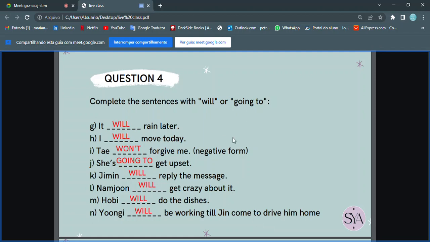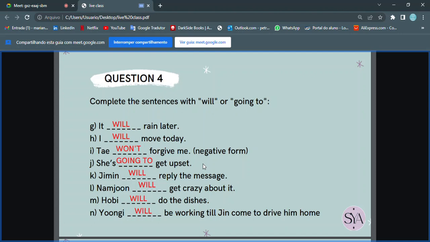But when you see this sentence, for instance, if you don't have the verb to be, so "she get upset," you can say she will get upset, depending on the situation. "She is going to get upset" is something that you practically have the certainty is going to happen.